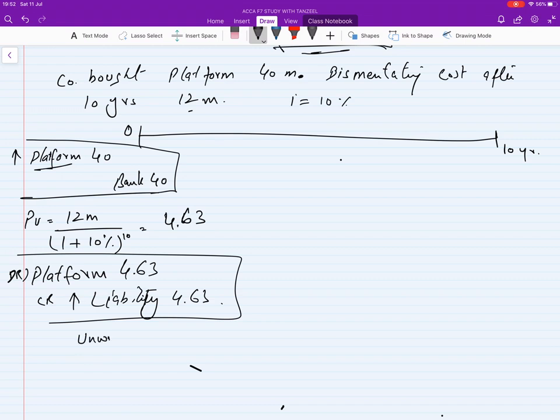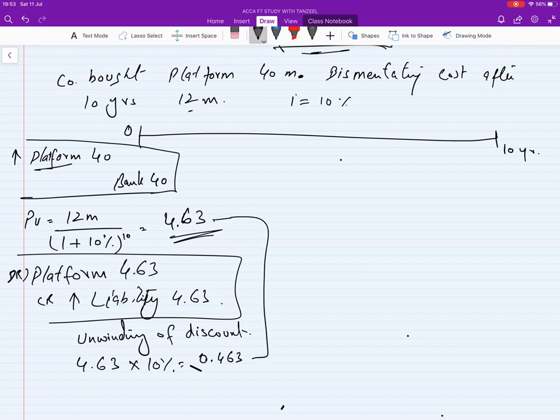So the unwinding of discount is 4.63 this, and take 10% on this, which is 0.463.